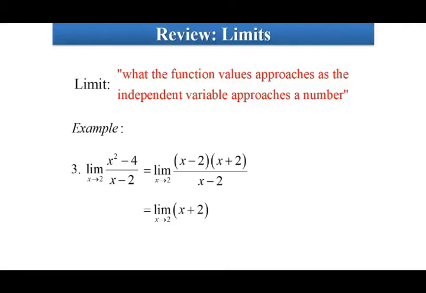In this case, x squared minus 4 is in the difference of two squares pattern. It can be factored in the sum and difference pattern. So x minus 2 will be cancelled, and it will become just the limit of x plus 2 as x approaches 2. So change x to 2, and the result will be 4.